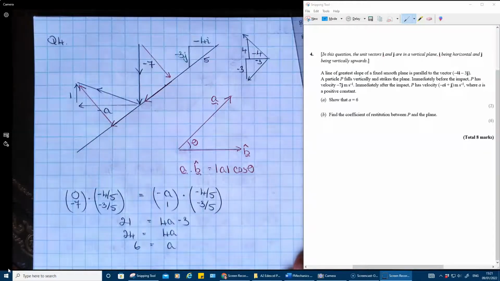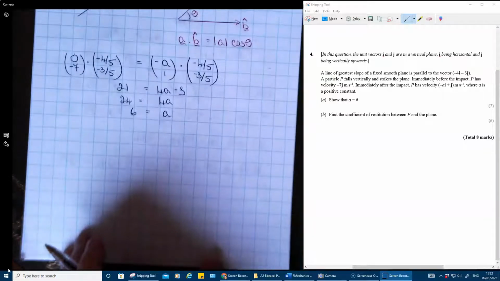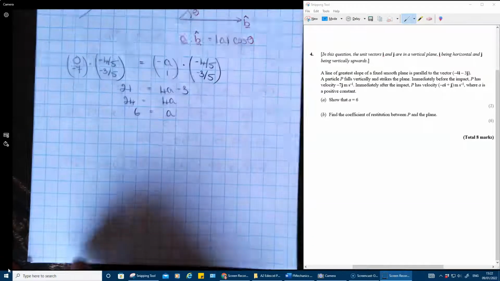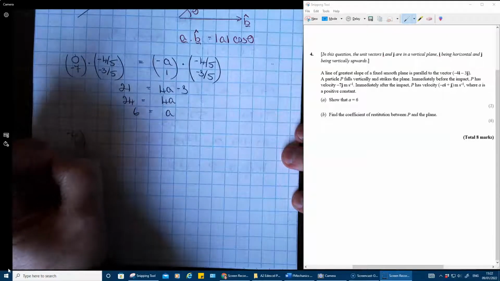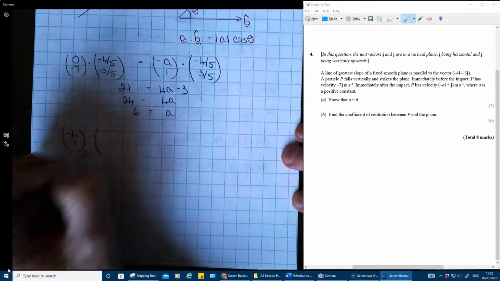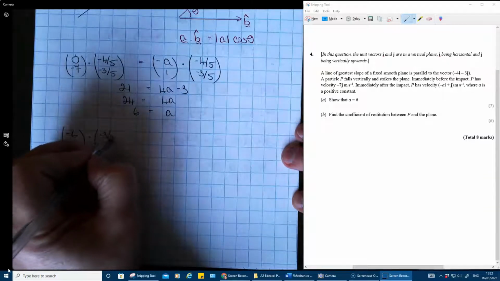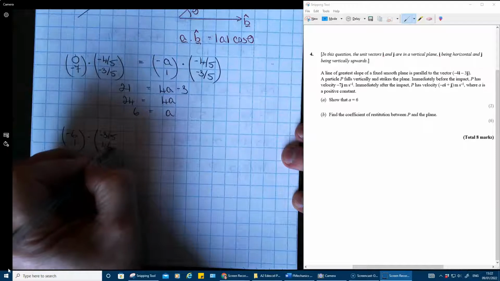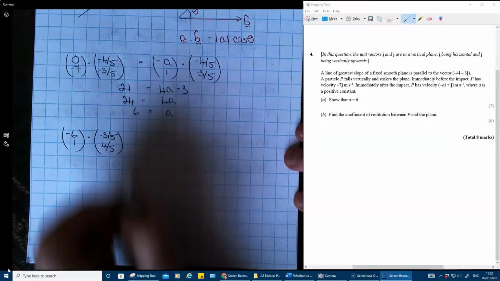Okay, so I'm going to do a very similar thing. I'm going to say, well, minus 6, 1, which I now know is the velocity afterwards, dotted with this perpendicular vector, minus 3/5, 4/5. So that gives me the component that is perpendicular to the plane.